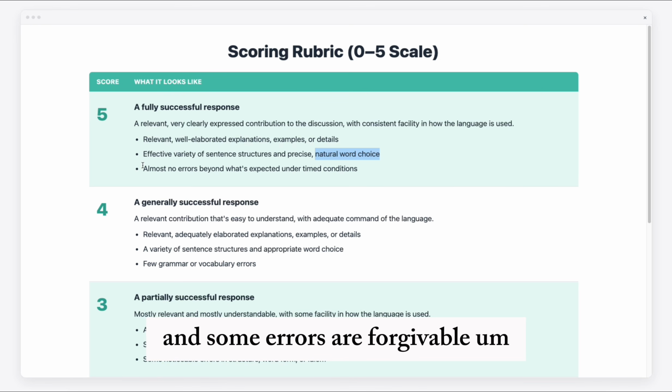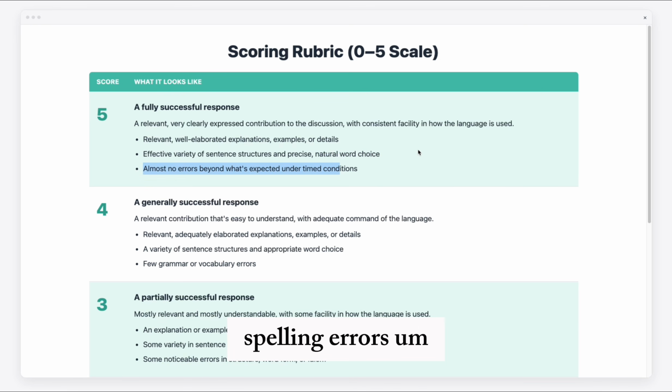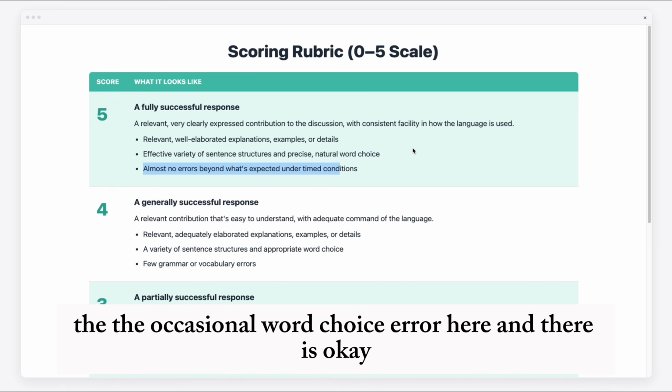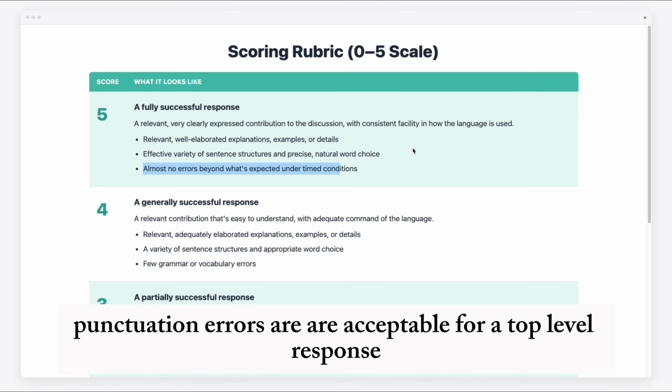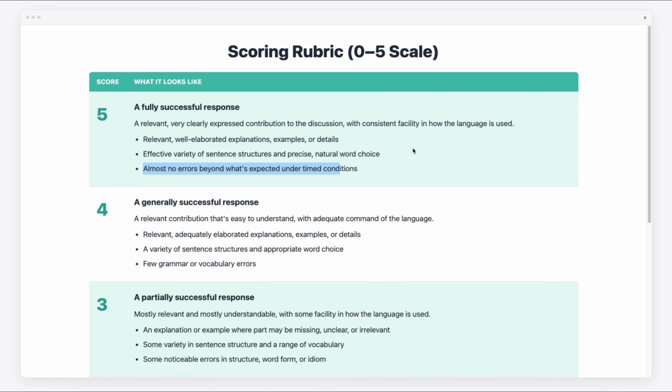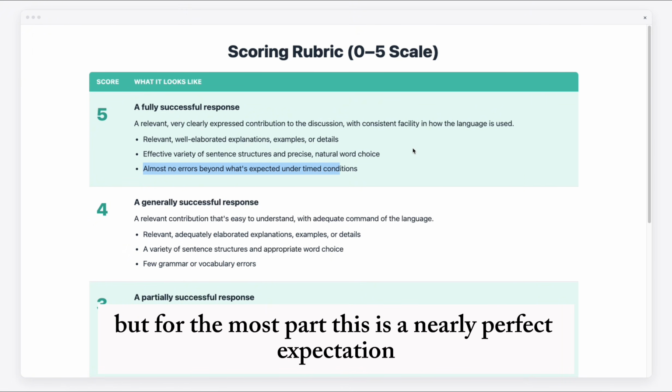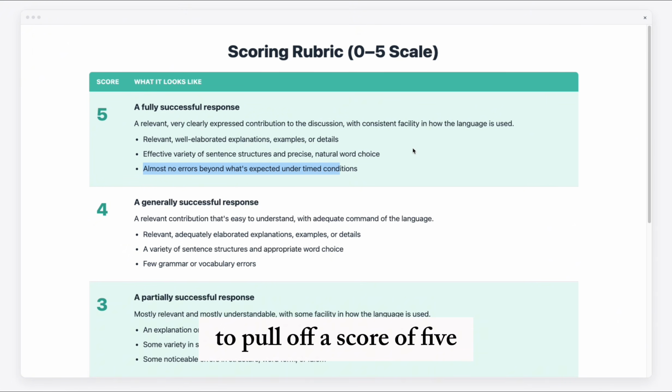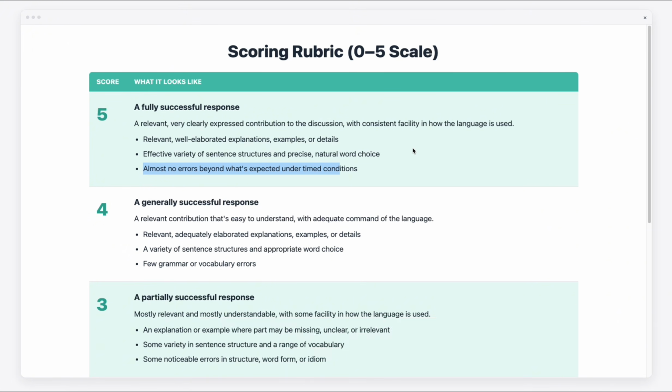And some errors are forgivable, spelling errors, the occasional word choice error here and there is okay. Punctuation errors are acceptable for a top level response, but for the most part, this is a nearly perfect expectation to pull off a score of 5.